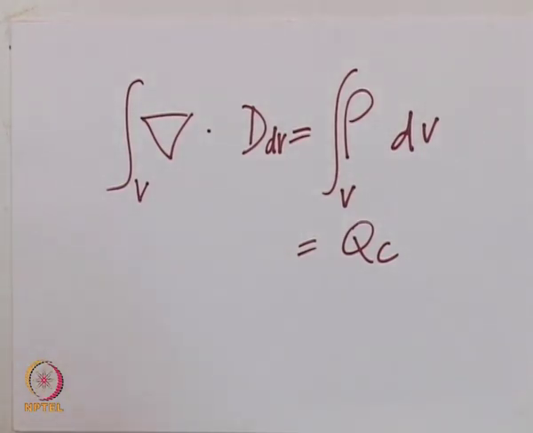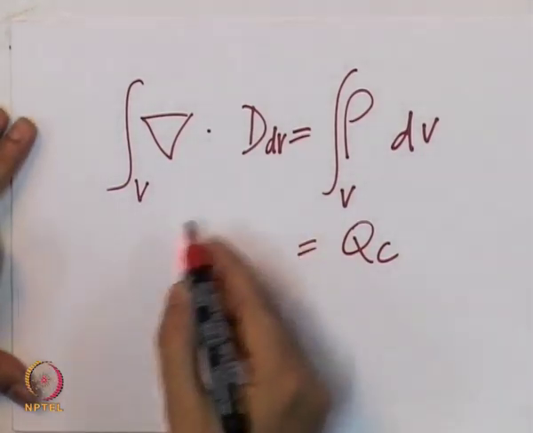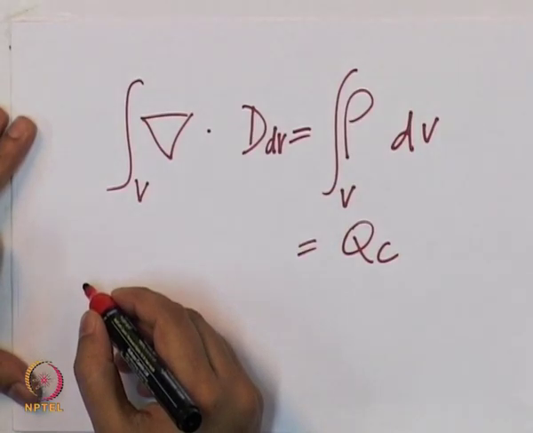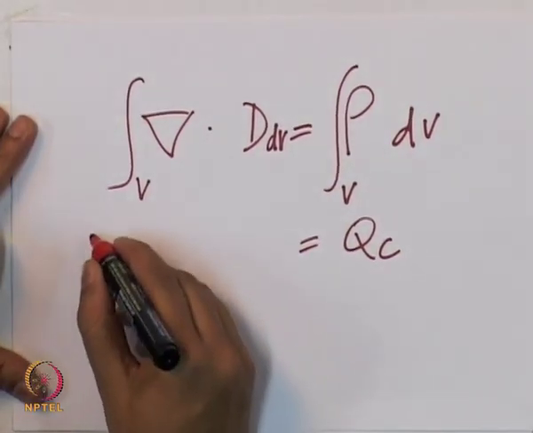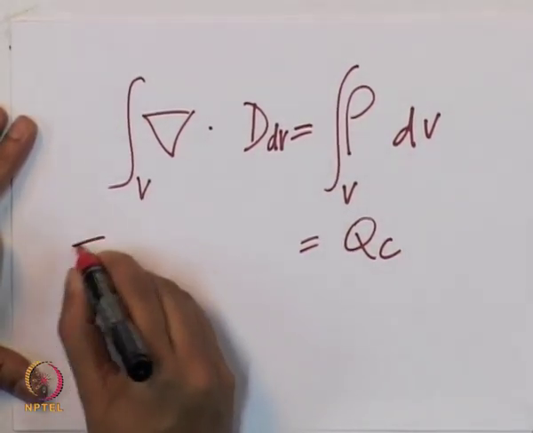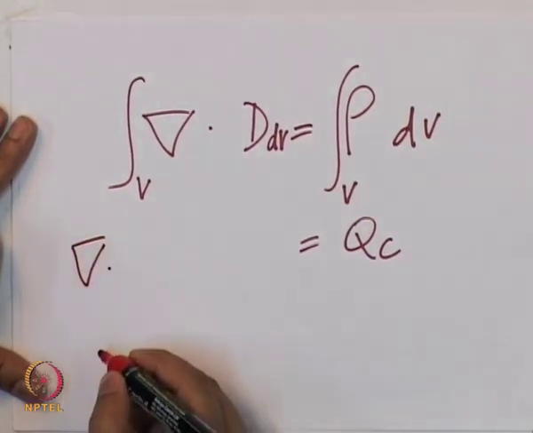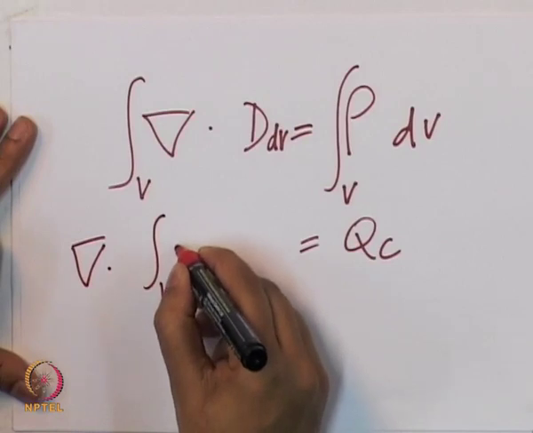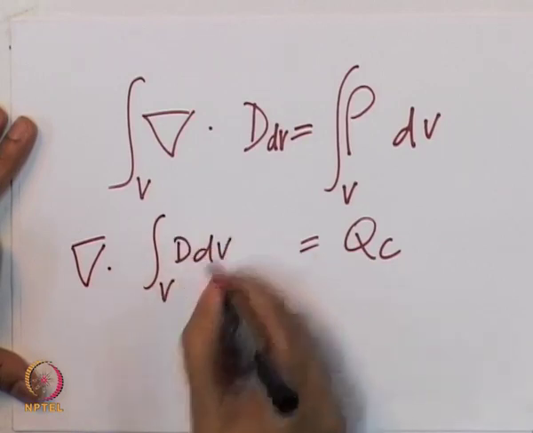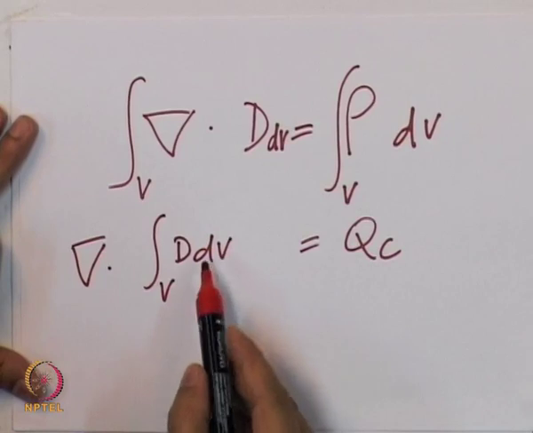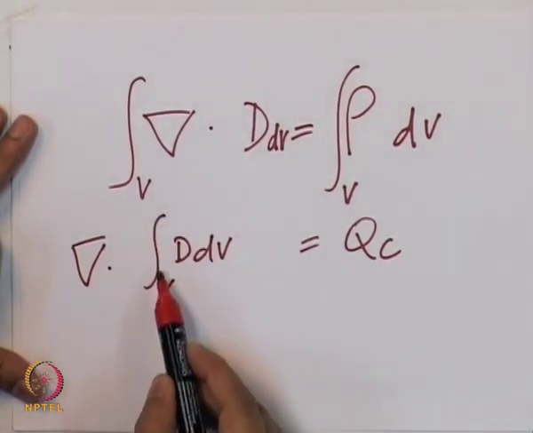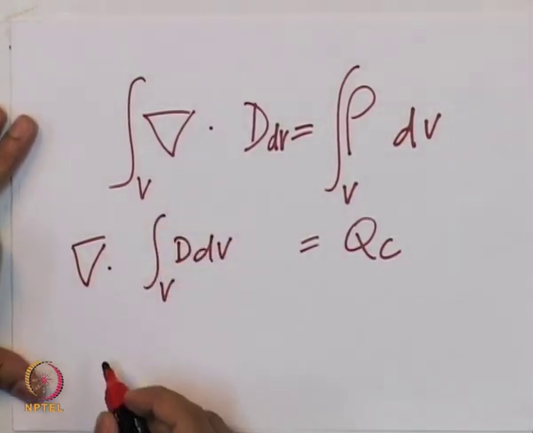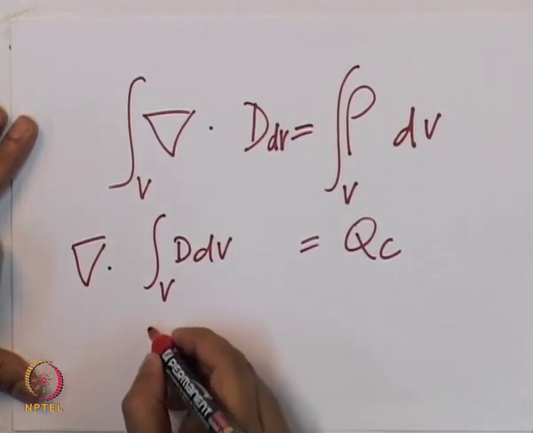On the left hand side, we need to do a little bit more tweaking. So what we are going to do now is take the divergence outside, and then we have the volume integral dV. We know that we can change this from a volume integral to a surface integral using the Stokes theorem.